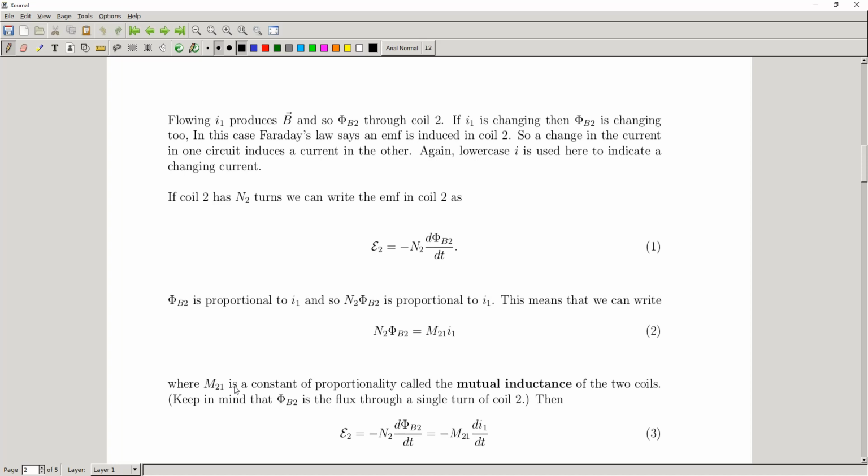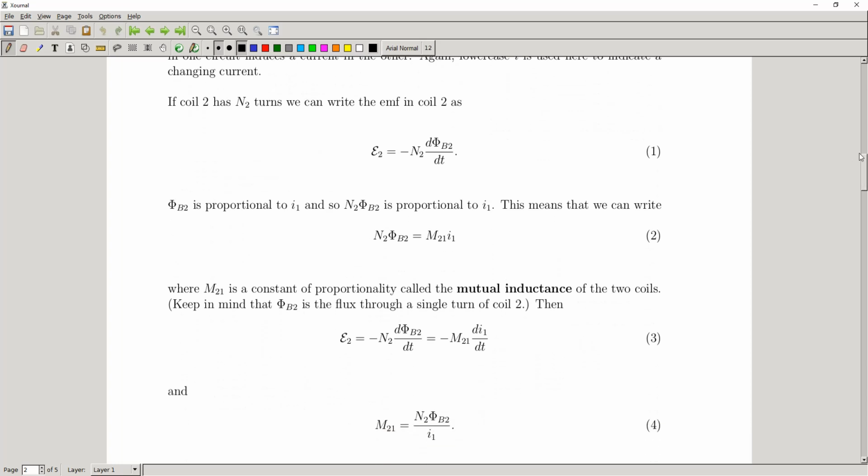That's just this constant that gives us the relationship between I1 and N2 times phi B2. Let's keep in mind again that phi B2 is the flux through a single turn of the coil, so we do need to multiply by N2 for this to make sense.